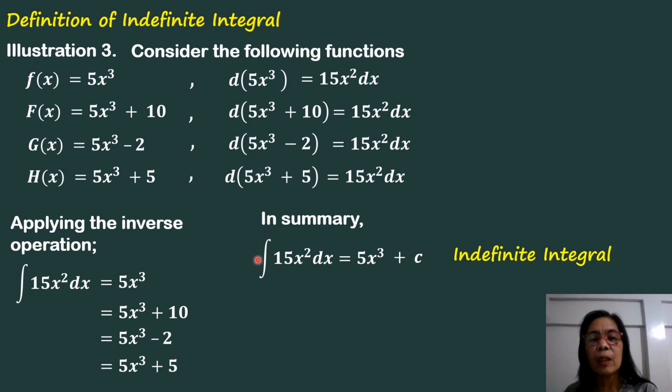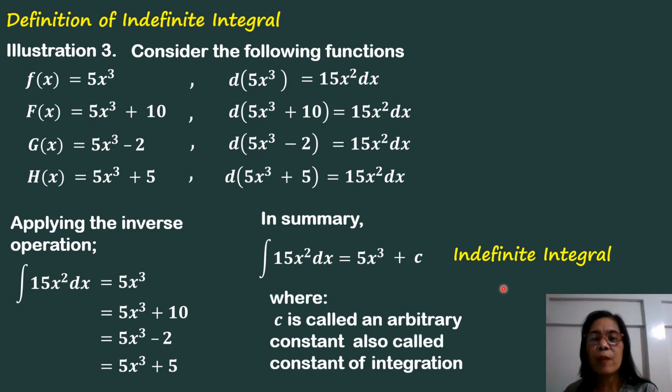When you are integrating a given differential, it is called an indefinite integral because your answer is indefinite. There are many functions in your answer which differ only by a constant, hence indefinite integral. So here, c is called the arbitrary constant or the constant of integration.